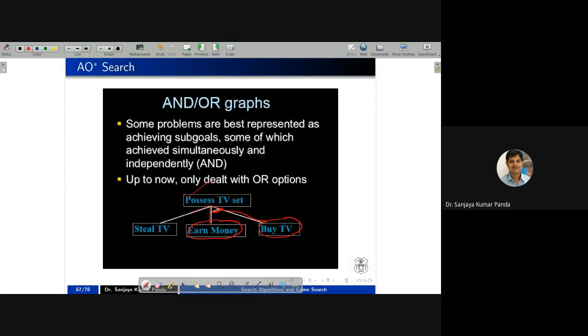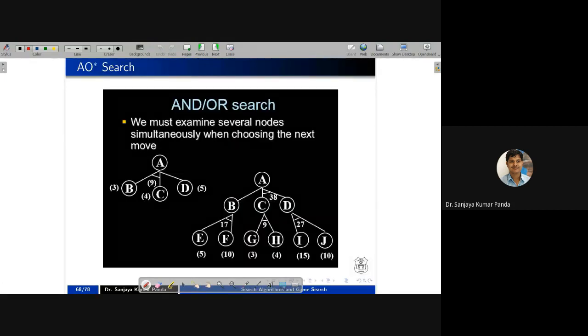Or as an alternative solution, you can steal a particular TV. So if you look into these two conditions, they occur at the same time, but this condition does not occur with any other condition, right? Now, if you talk about the particular tree, the cost of this particular node is 3, the cost of this node is let's say 4. This indicates an AND, right? And this is an OR. That's why it is called an AND-OR graph.